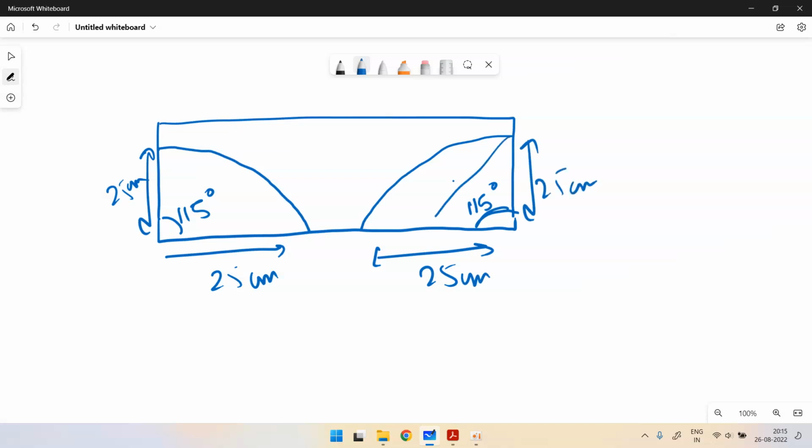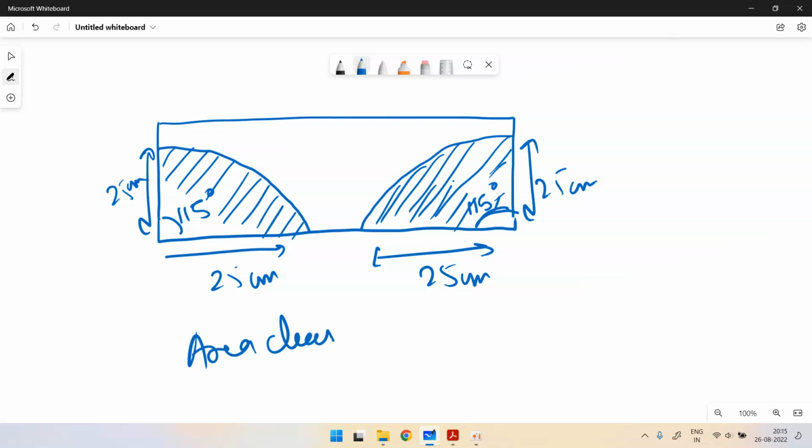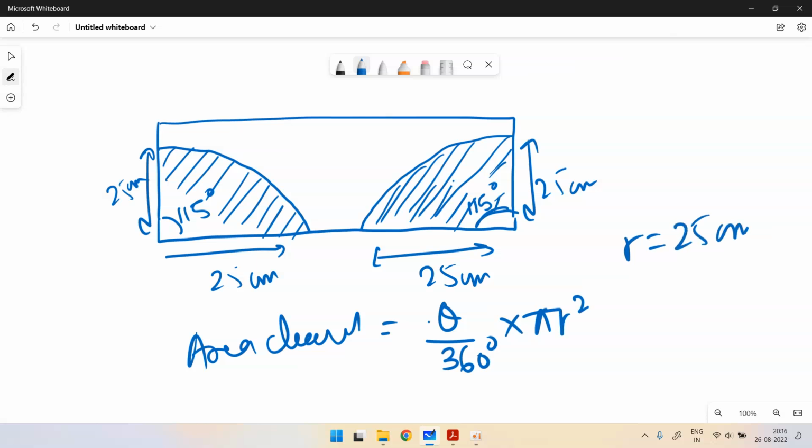So the area of the glass which has been cleaned by a single shot, in one shot it will clean 115 degree. So the area cleaned will be theta by 360 degree into pi r square. Here r you can take as 25 centimeters because it is the length of the blade.